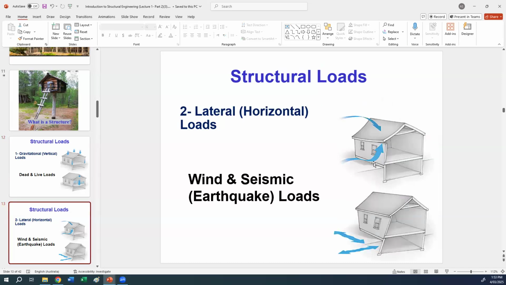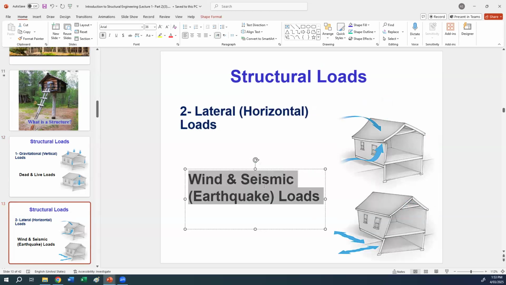Another type of loads is not vertical, but horizontal or lateral loads. Two examples of lateral loads are wind and earthquake or seismic loads. For example, in this building here, we have the wind blowing on the building. The wind is blowing horizontally, so the wind causes a horizontal load on the building.